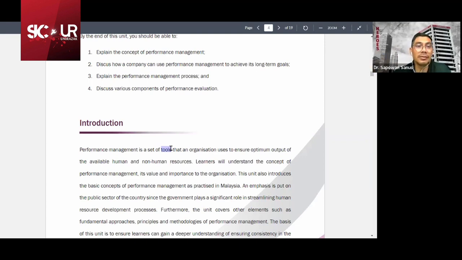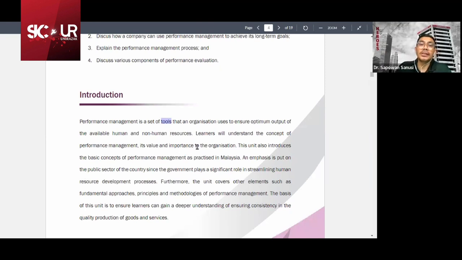Performance appraisal is one of the tools of performance management. Organizations use it to ensure optimized output and the availability of human or non-human resources. We can see that it is valued and important to the organization. Memberi satu nilai yang penting dalam sesebuah organisasi.